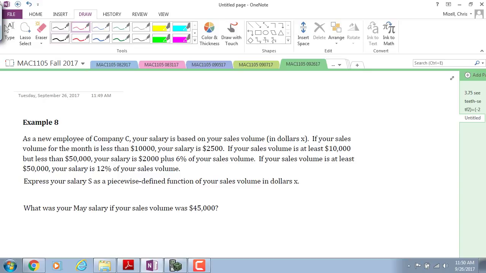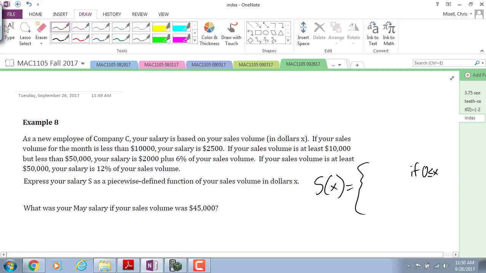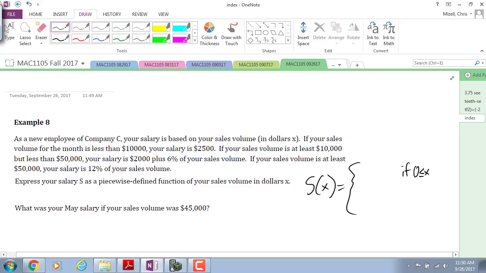I don't have to read through the whole thing, but I feel like stopping and scribbling something down here. If I want my salary expressed as a function of x, what I'm thinking is: if 0 is less than or equal to x, and that's less than $10,000, my salary is $2,500, just like that.